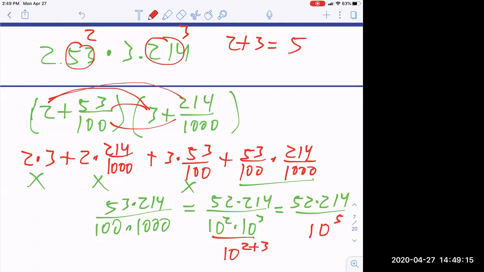You get 10 to the 5th. And that's where the rule is. It's because when we get down to the hundredths place times the thousandths place, we get the 100,000ths place, which is 10 to the 5th. That gives us the 2 plus 3 equals 5 decimal places.